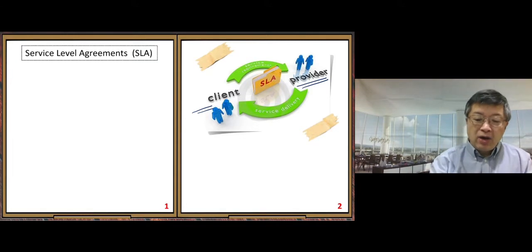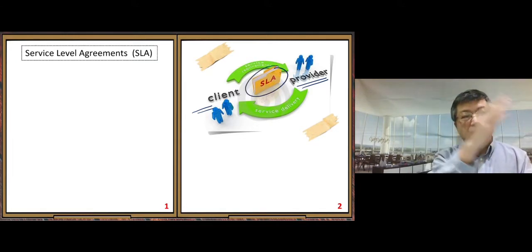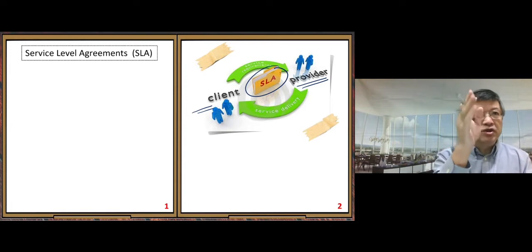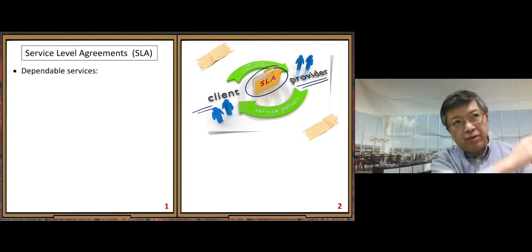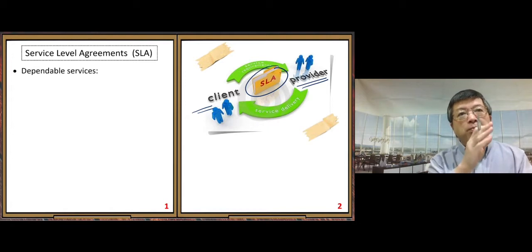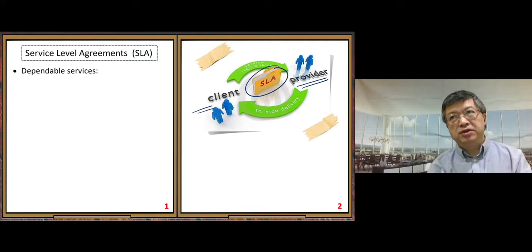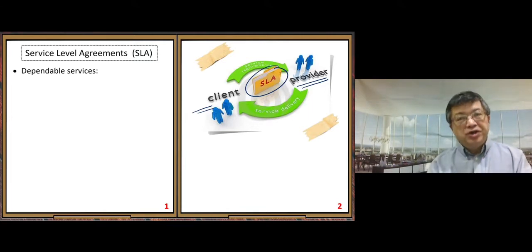Then some agreement must be signed between the two parties. And here we just focus on one specific type of service, dependable services, because the customers are very serious about whether the service provided is dependable or not.